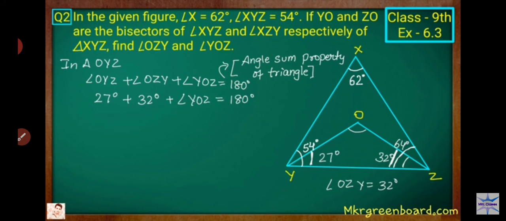Now it is 59 plus YOZ is equal to 180 degrees. Now angle YOZ will be 180 minus 59.